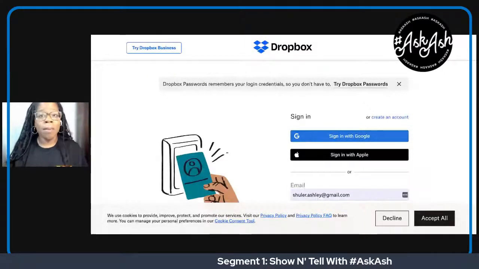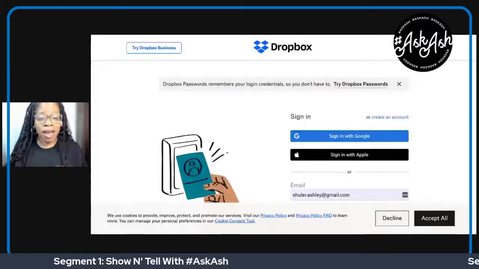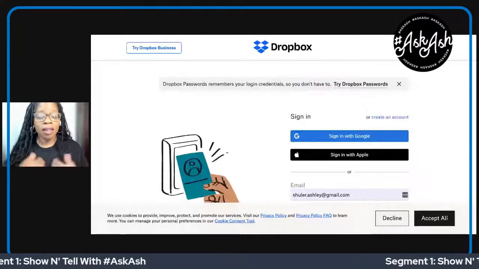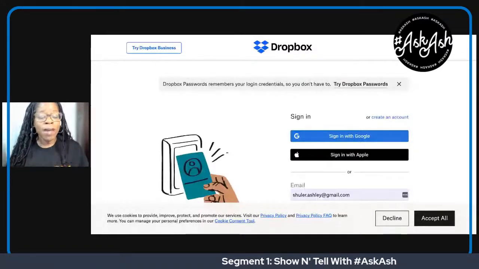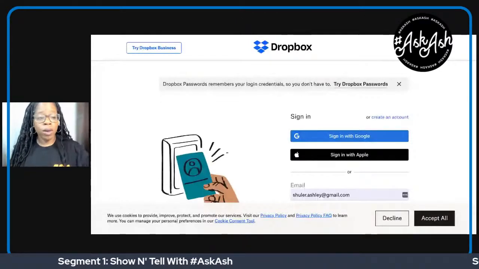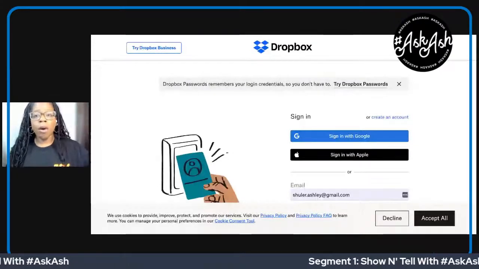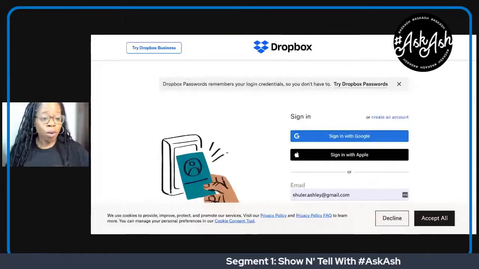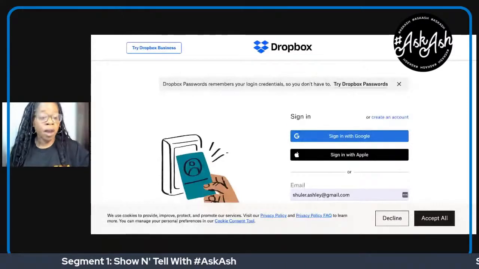And why not Dropbox? I love it because Dropbox helps me to stay organized for all things Ask Ash, Schuler Strategies Group, also known as Ask Ash Consulting, and everything in between, my volunteer activities, boards that I'm a part of, grad school. I use it for everything.